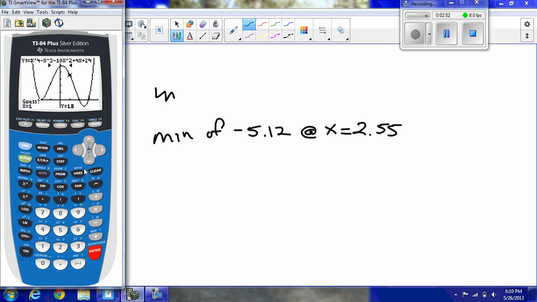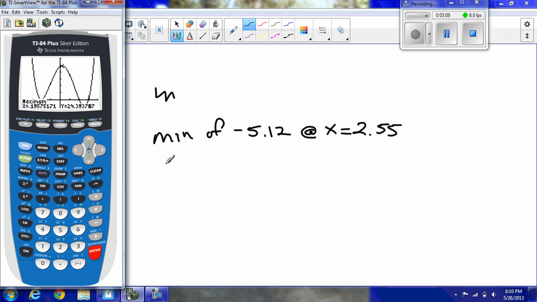Now I can see that my interval is fine, that there's only one maximum in there, between those two little arrows. I don't want to make a guess. So it tells me my maximum is y equals 24.39.